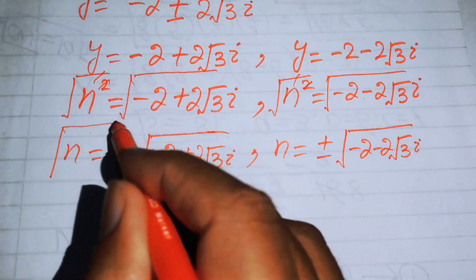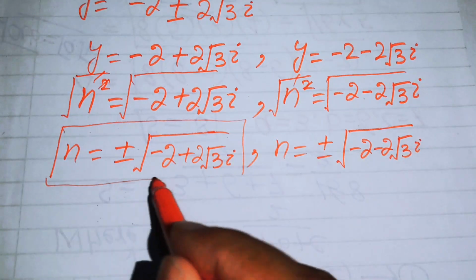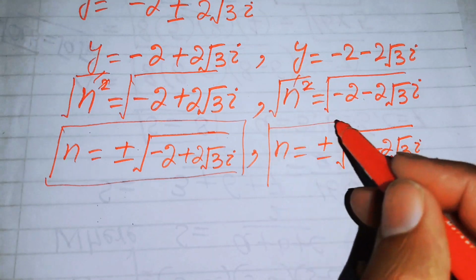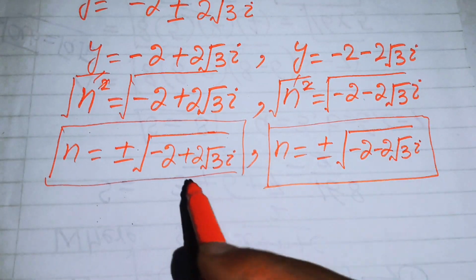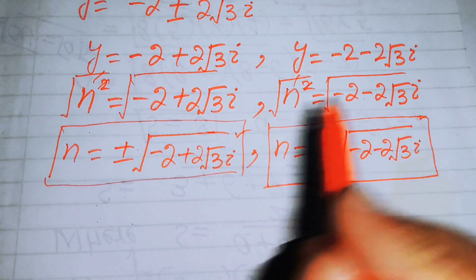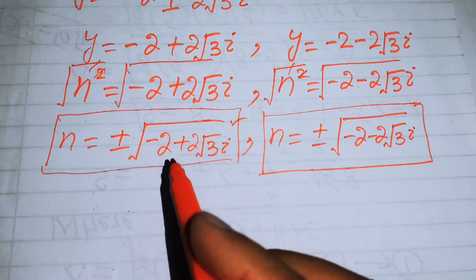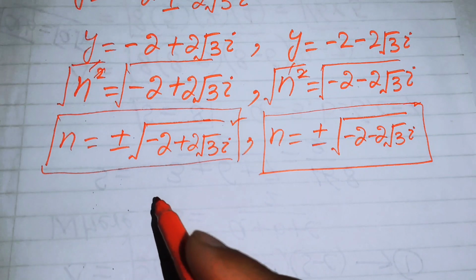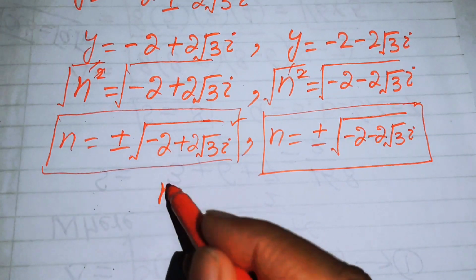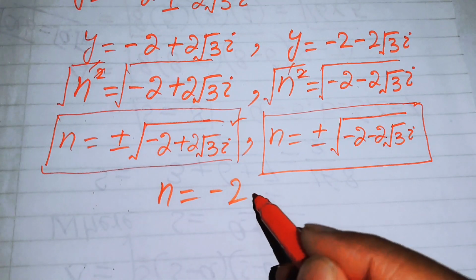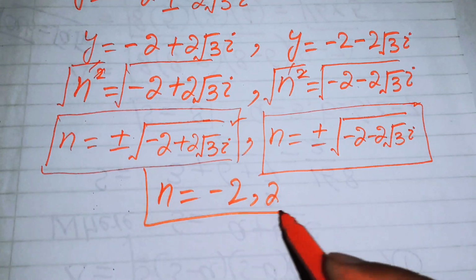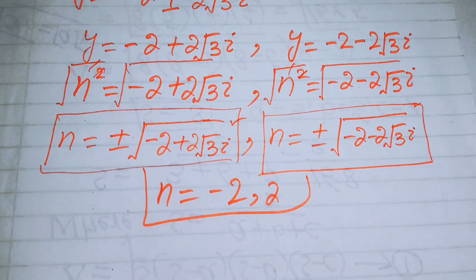So these are two complex roots, and similarly these are the other two complex roots. So here you have a total of 4 complex roots, and we have 2 real roots of this problem, and the real roots are n equals minus 2 and plus 2. So these are our 6 roots of the given problem, and this is our final answer.